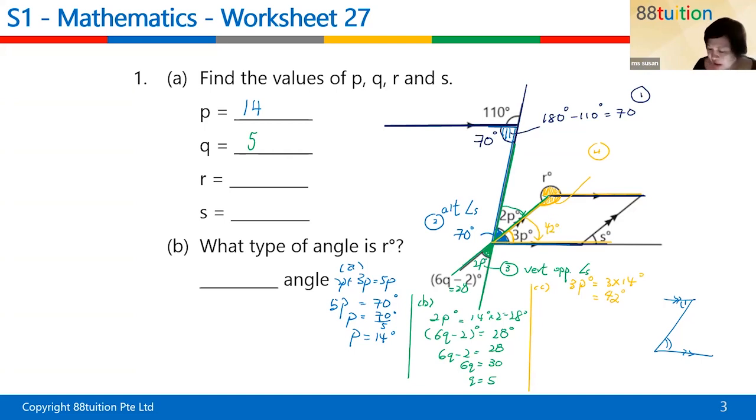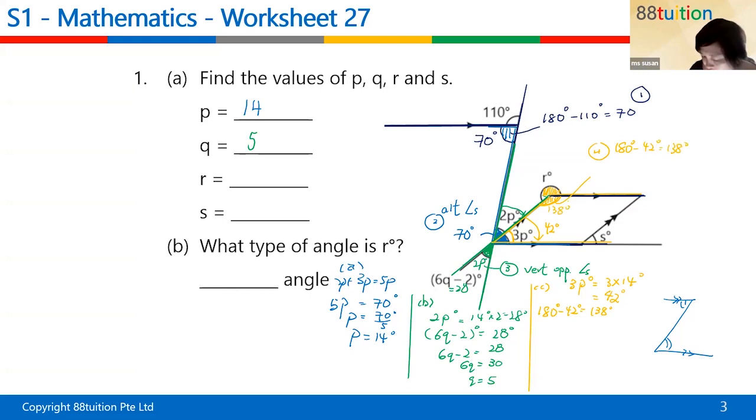And then I need to find the angle above, which is the angle in between them. So I need 180 minus 42, and I get 138. Let me check 180 degrees minus 42 degrees, just in case. So this one will be 138, right?